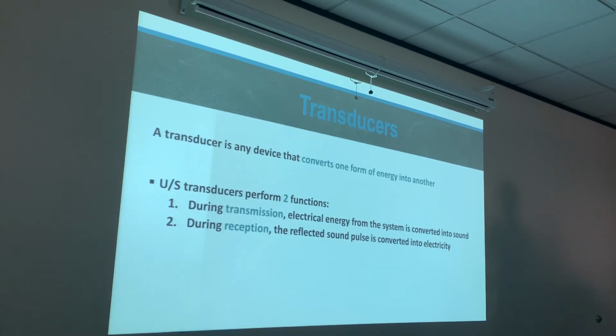Those sound waves travel into the body, then they bounce back for reception. Those reflected sound waves are converted back to electricity when those pressure waves come back and hit our piezoelectric material again, hit our transducer again, and now those sound waves are converted to electricity. So, two functions of the ultrasound transducer: transmission, reception.